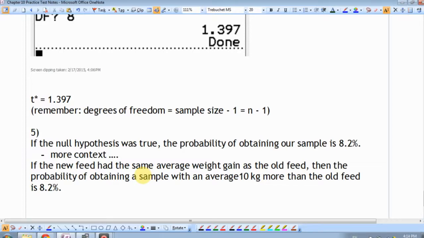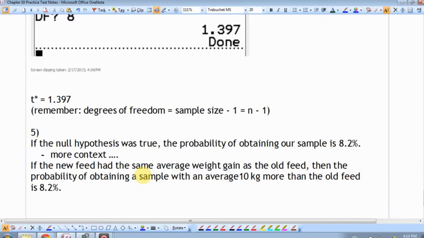I'm confused. 8.2%. Okay, so remember we're talking about samples, there's sampling variability. So the sample that we get may not always have the same average as the population, because we could pick some pigs. I think we're talking about pigs here.